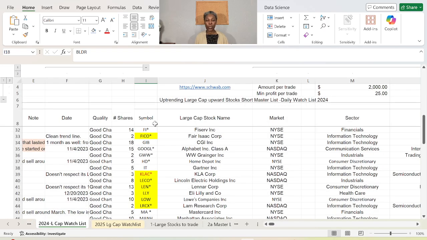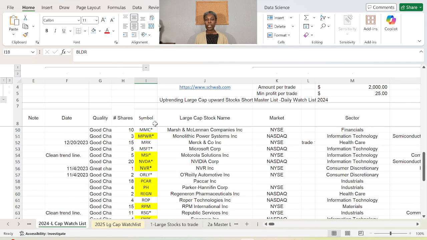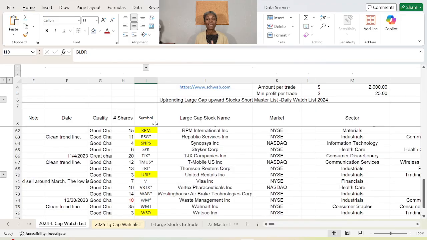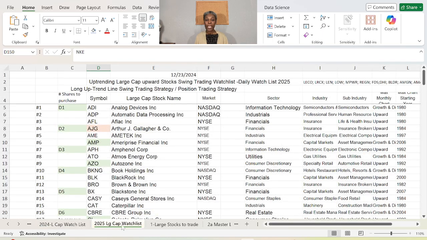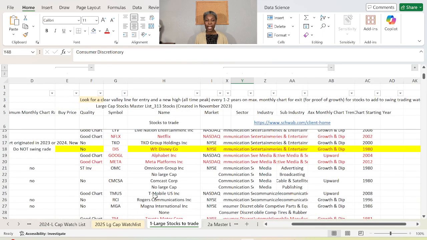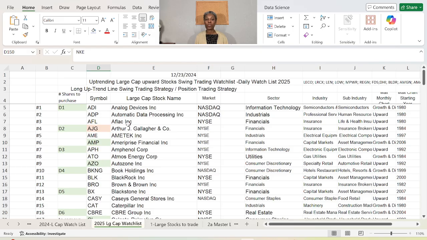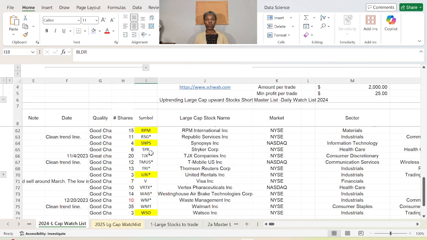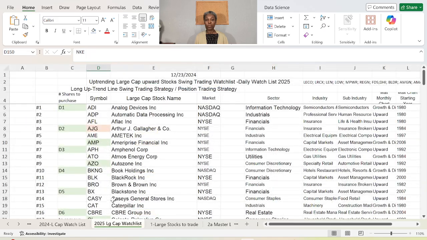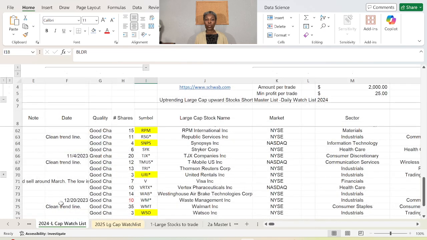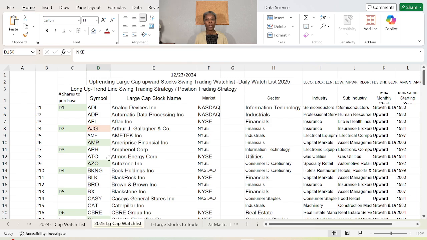That is how I created the list of stocks that I can analyze every day and just stick with it and use it for 2024. Then I went back to the master list and analyzed them again to create the 2025 list from 2024's 65, because there are some stocks I said no, I'm not going to trade those stocks. So for 2025, the ones I said yes, I'm going to trade, I copy to 2025.